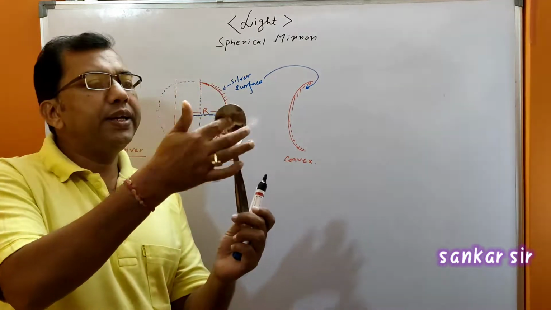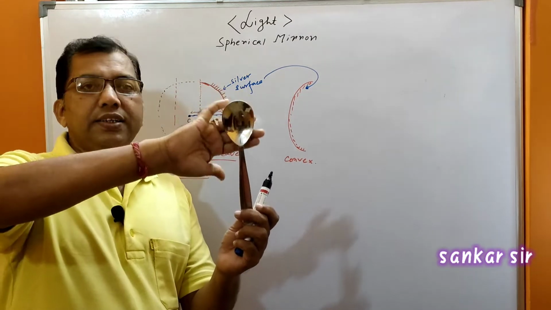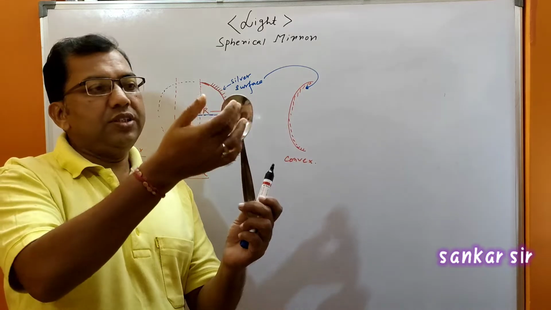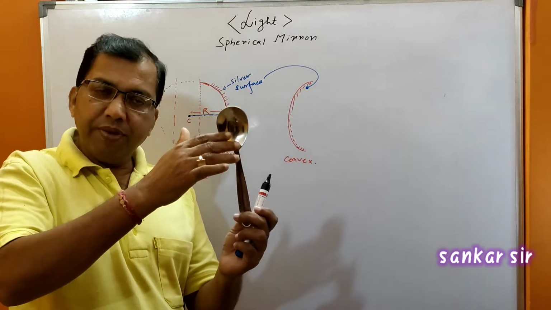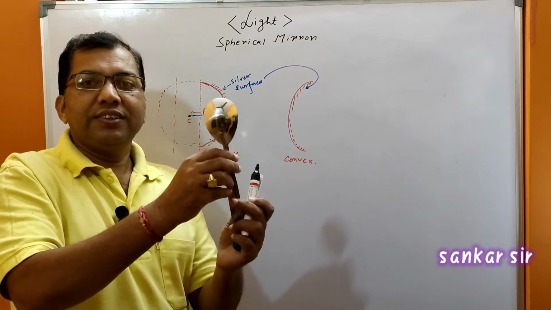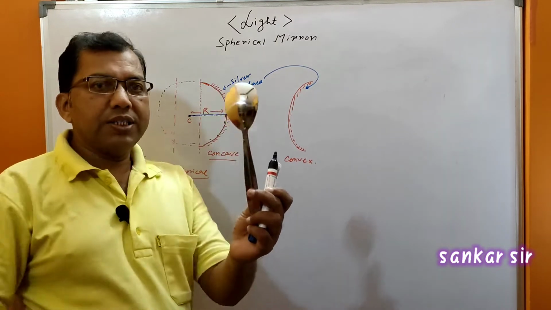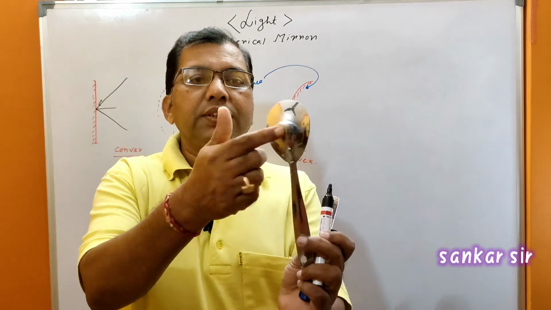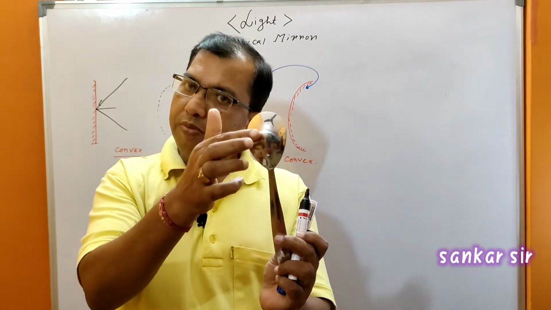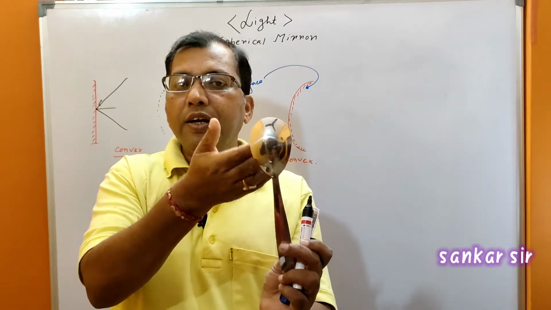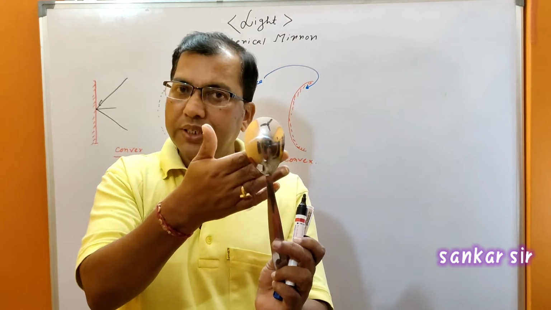If this surface is the reflecting surface and this is the silver protection, this type of mirror is known as a concave mirror. And the opposite: if the outer bulging surface is the reflecting surface, and the inner is the silver protection, this is the convex mirror.